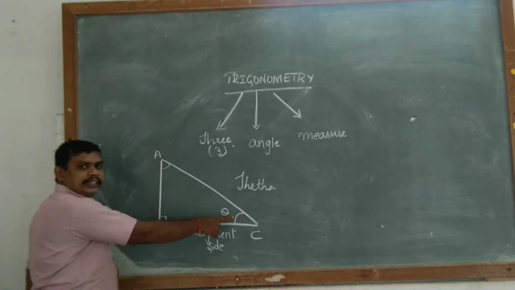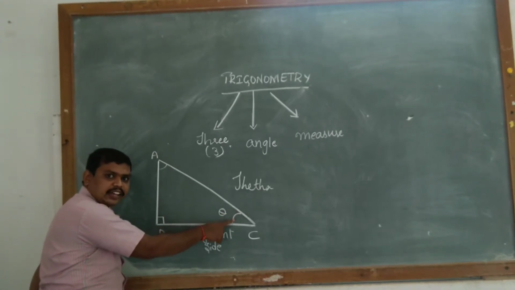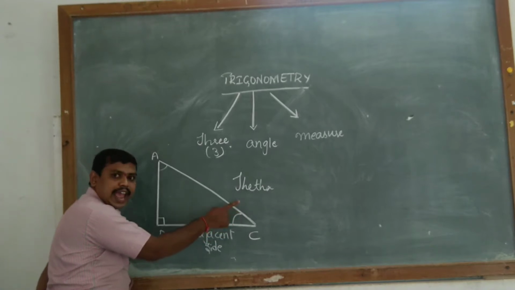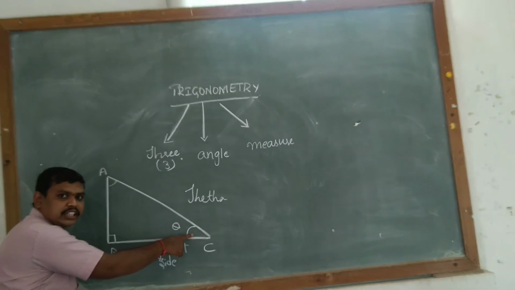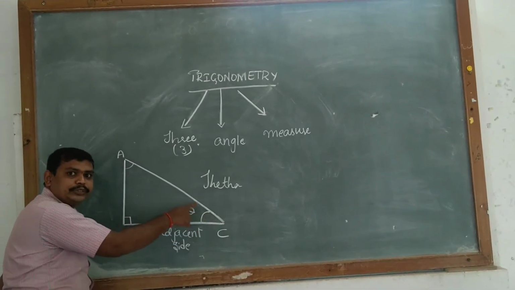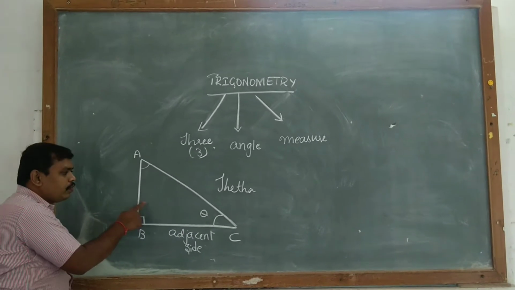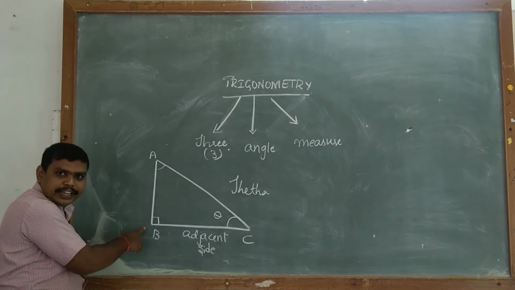Now what I told, this is called theta here. This theta is called an angle here. The side which is opposite to the angle, what is the opposite side of this theta here? We have AB.